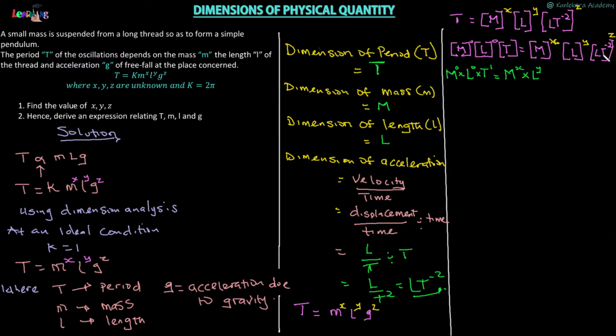Once you open this bracket, you have times L^z times T^(-2z). I believe you're following me. Now, compare the right hand side and the left hand side.